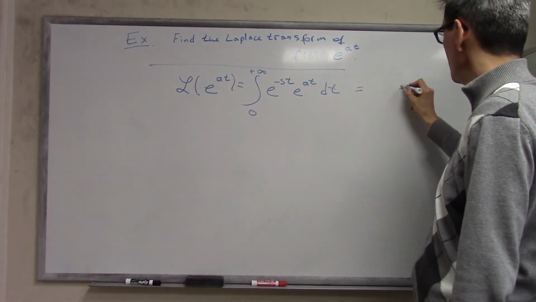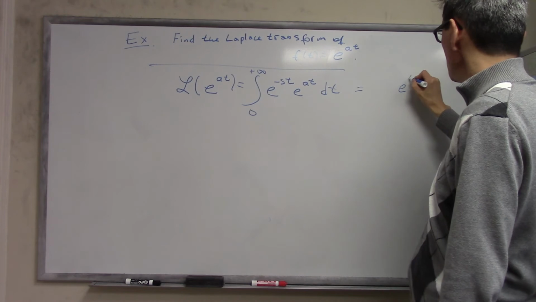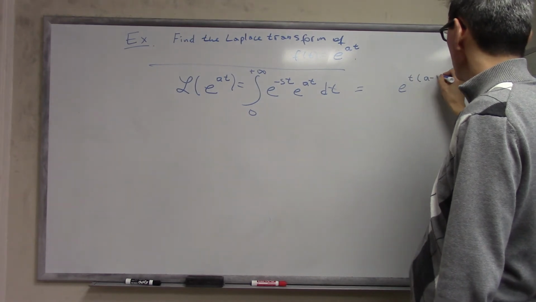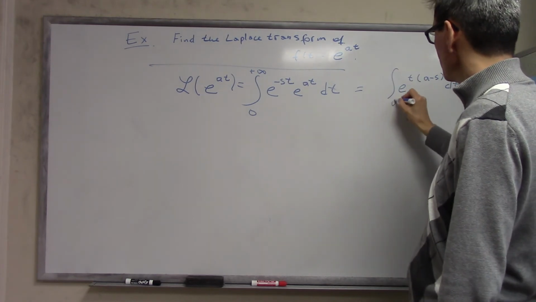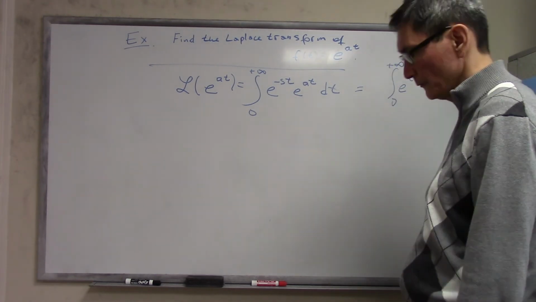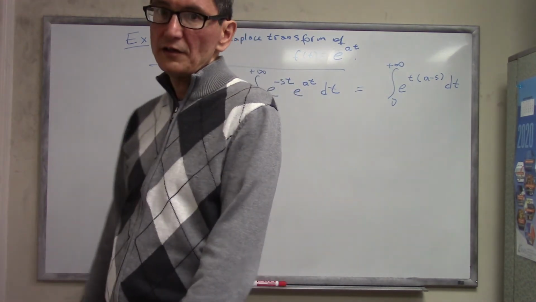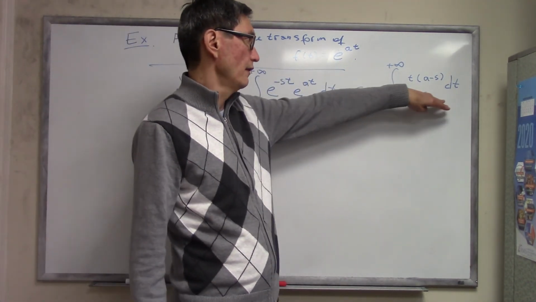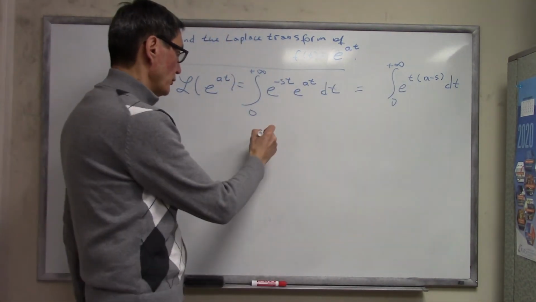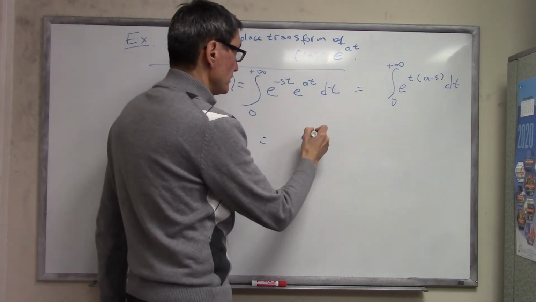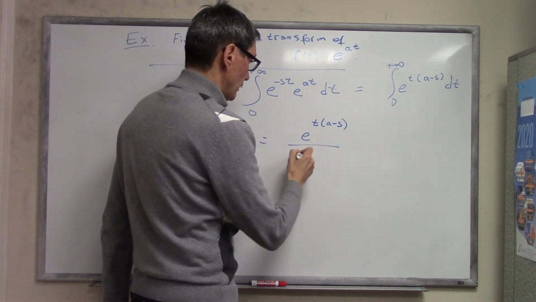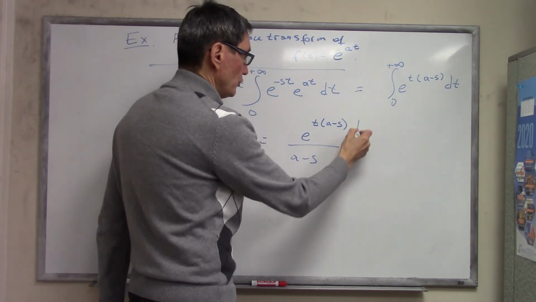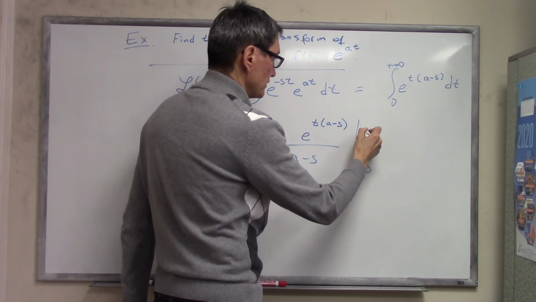So we're going to get e to the t times a minus s dt, integral from 0 to plus infinity. We find the antiderivative of that function. So we're going to get e to the t times a minus s over a minus s, and we do that integral from 0 to plus infinity.